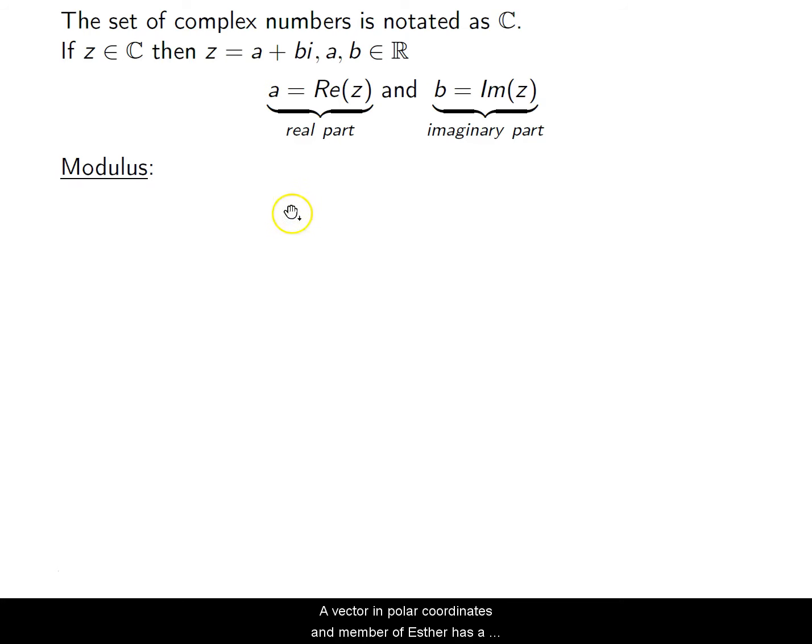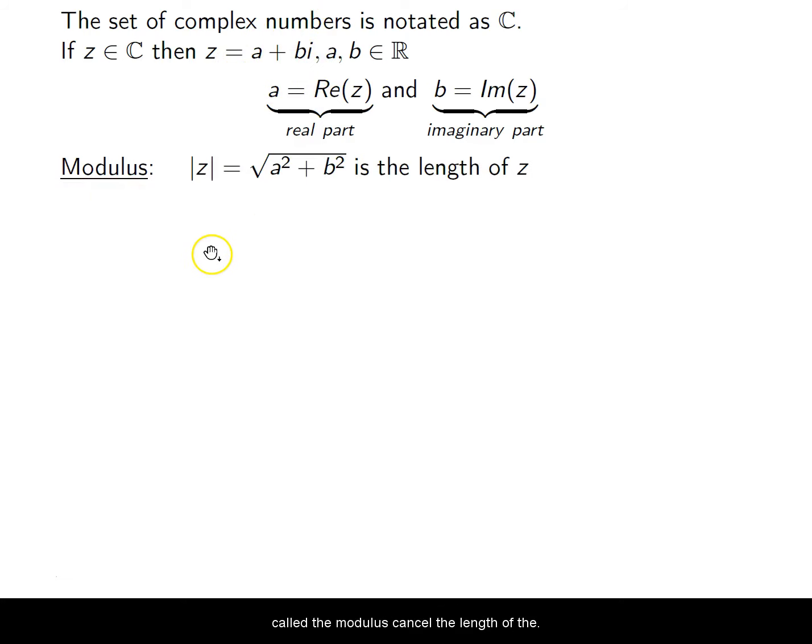Okay, and remember, a vector has a length, and so looking at the length of this as a vector is called the modulus. Okay, so the length of Z is the square root of its pieces, right? So A squared plus B squared, square rooted, that is going to be the length of Z, or modulus Z.